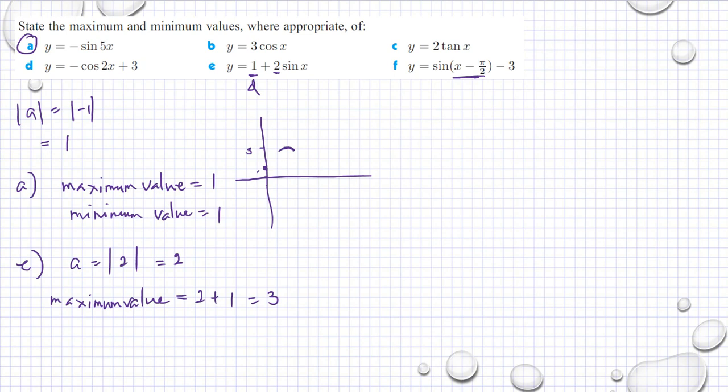That is 2 here. So if I put the value there, it should look like that. So we have now our minimum value is equal to -2 plus 1, that is -1, as you can see there, because we have absolute value.